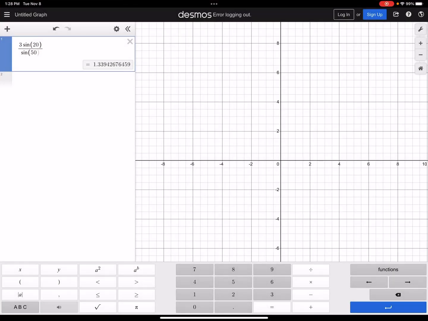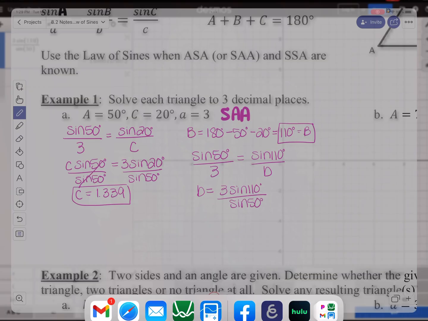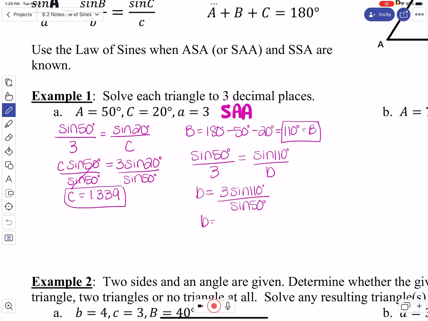So again, if I go to Desmos, actually I can just change my 20 up here to the 110, and I'll get 3.680. And there are my 3 missing pieces to the triangle.